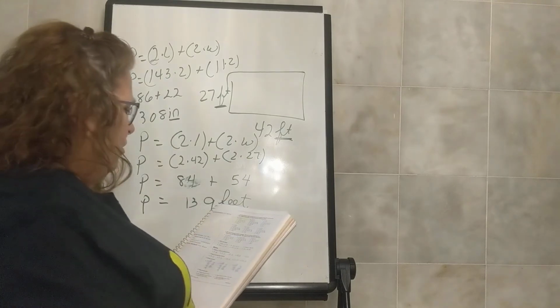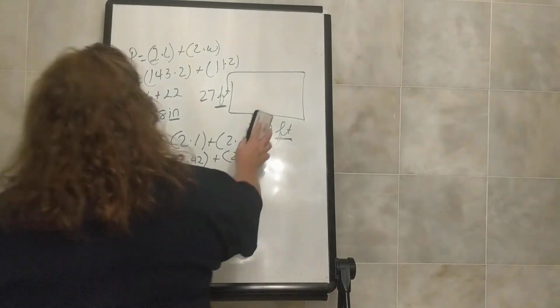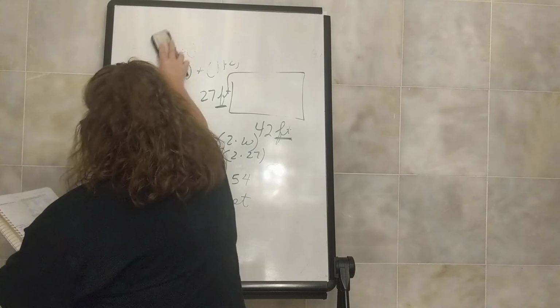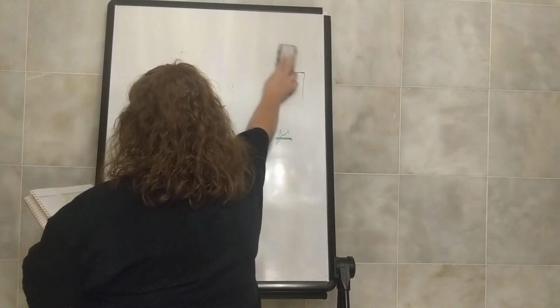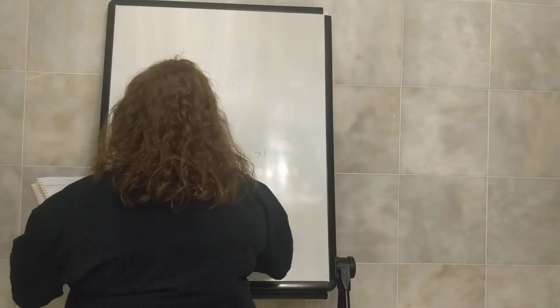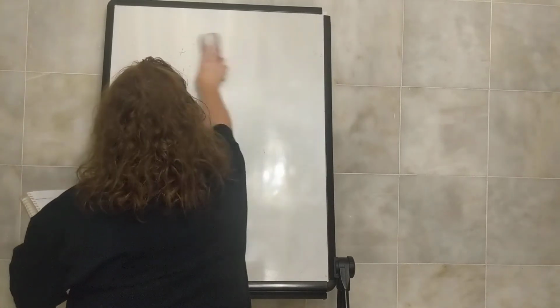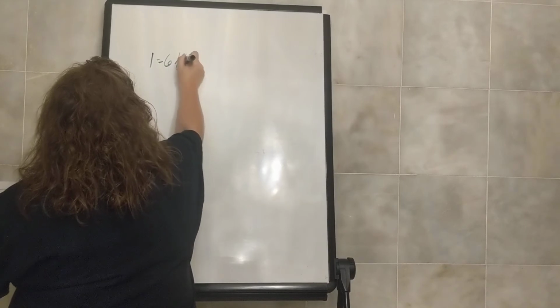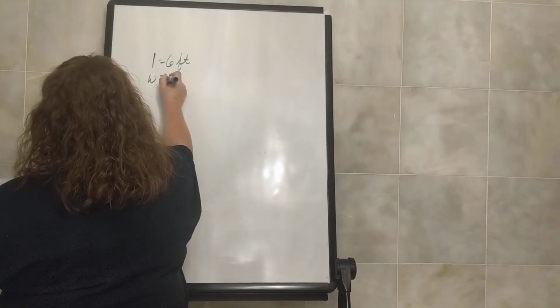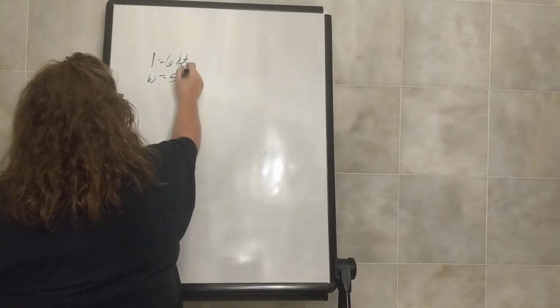So we're going to do one more. We're going to look at 3A, and we're going to do 3A together. Okay, so we have the length equals 6 feet, and the width equals 5 feet.